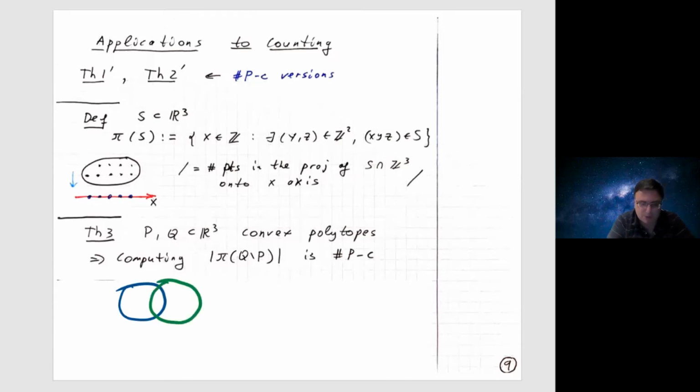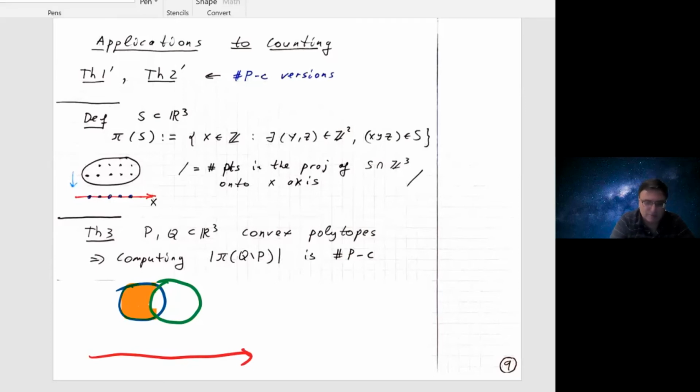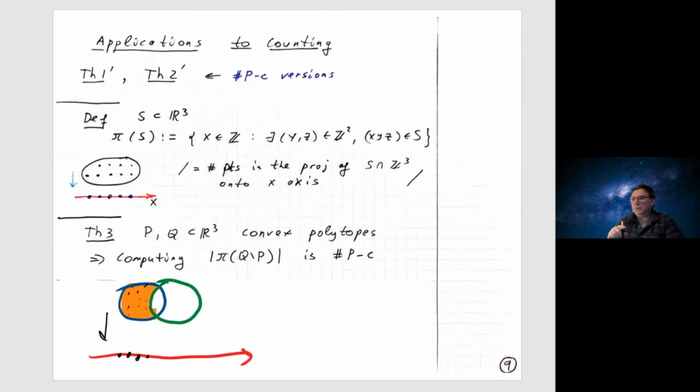You're looking at integer points in the shaded region, and you're projecting them down onto this axis, and you count which points you get in the projection.